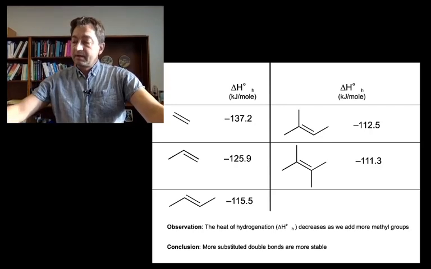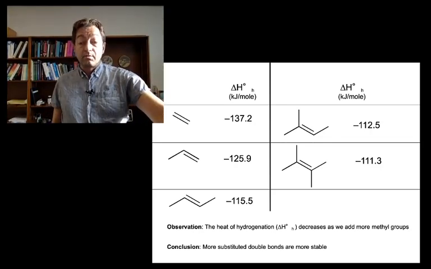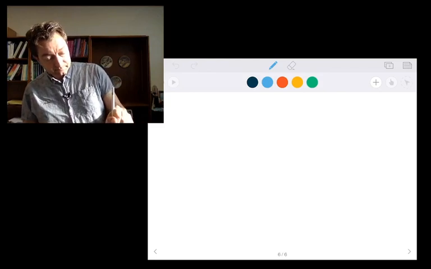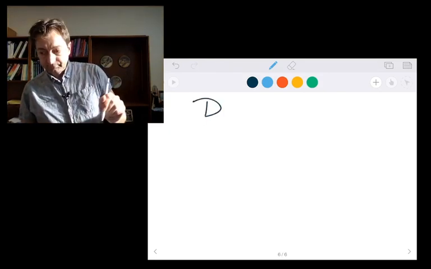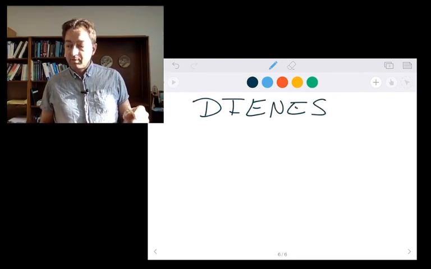Okay, so what I want to take a minute to look at here, just as a way to wrap this up, is what the influence of adding a second double bond is to these molecules. So introduce the concept of dienes. Functional groups with more than one double bond.